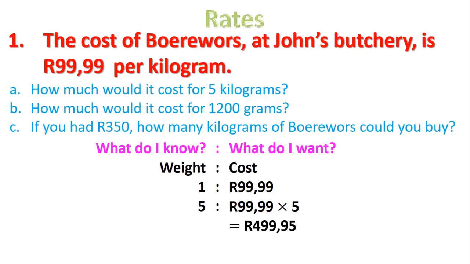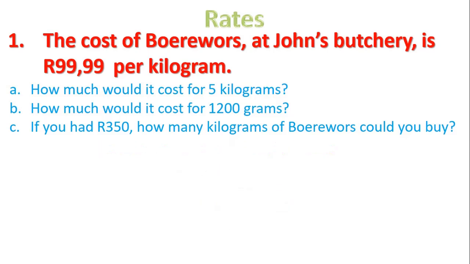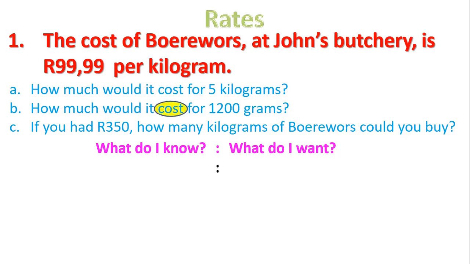How much would it cost for 1200 grams? Now we're going to do it from the top. Let's have a look. We start off as usual. What do I know and what do I want? Well, it again asks me what would it cost, and so I want to know the cost. What do I know?